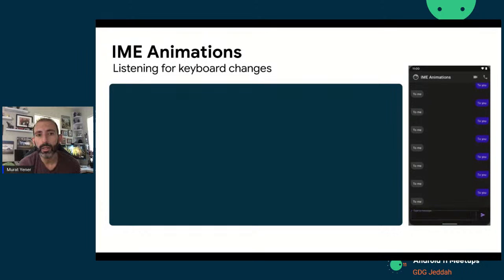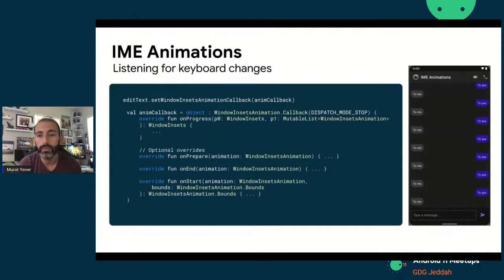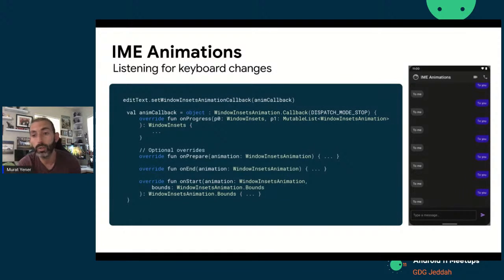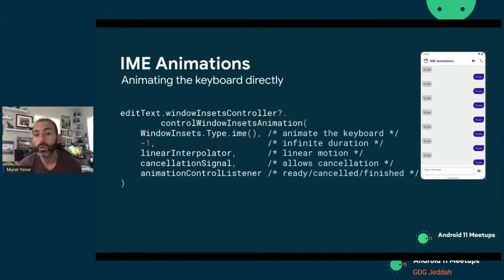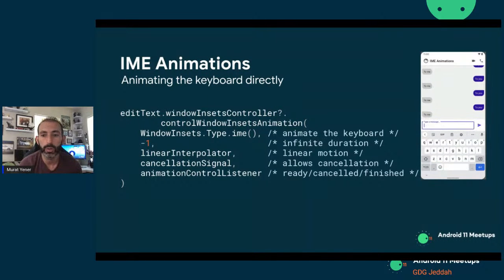To react to a regular keyboard animation, you set a callback, and as I mentioned before, you get notified when the keyboard or the window is animating. Similarly, you can control the animation, and you can drive it frame by frame according to scroll or drag movement.